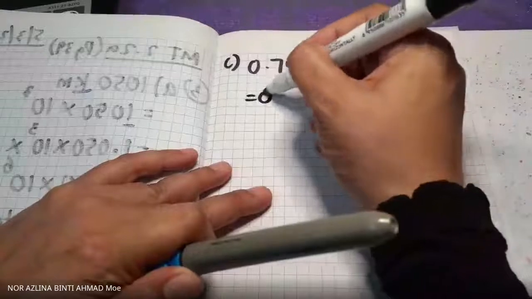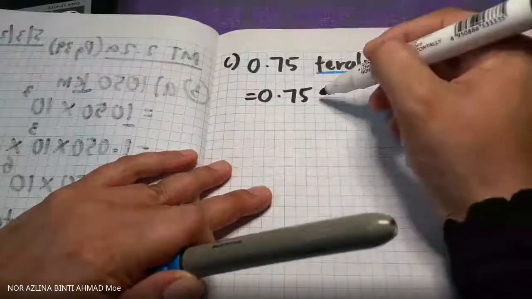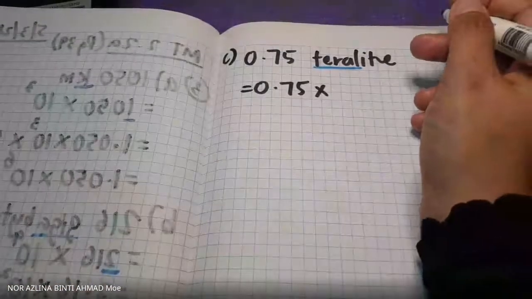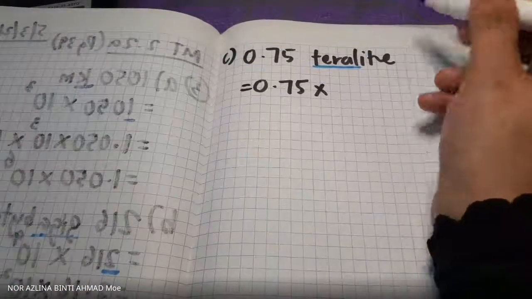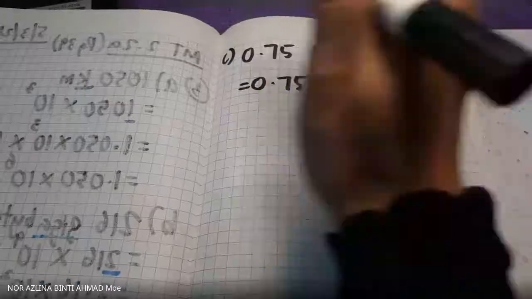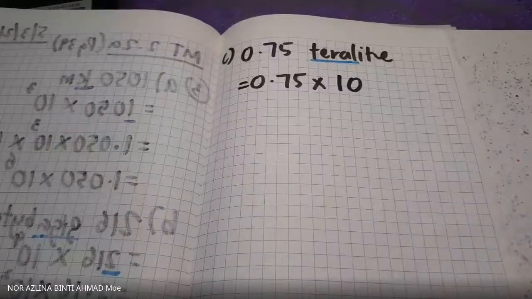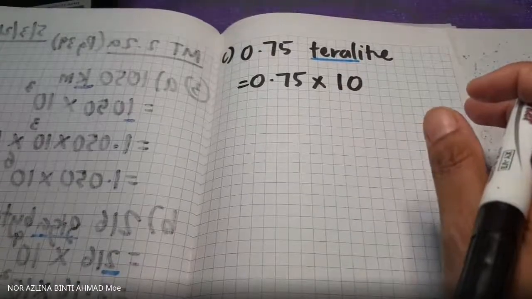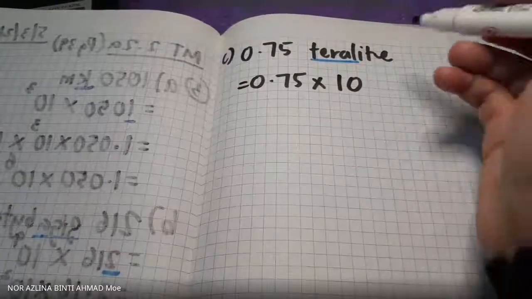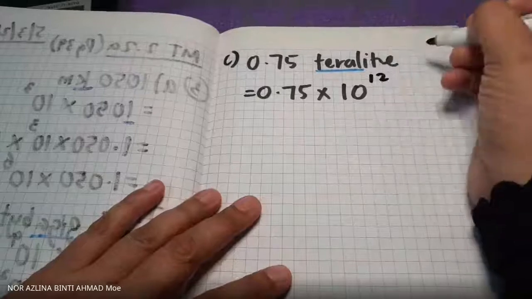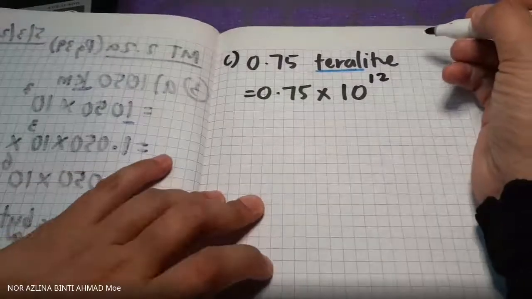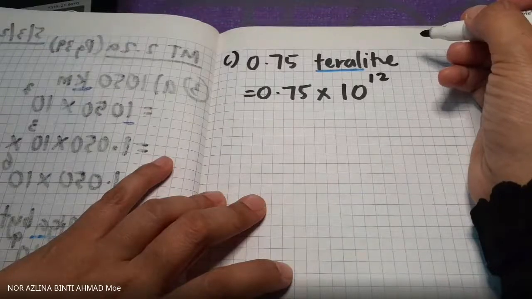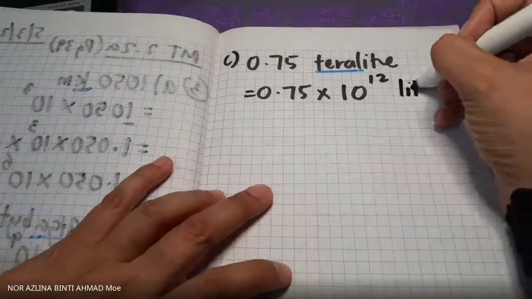So 0.75, you copy first the value. Tera. Look at the table. Tera, 10 to the power of 12, 0, right? So 10 to the power of 12. Look at the table, page 39. Tera means 10 to the power of 12 liter.